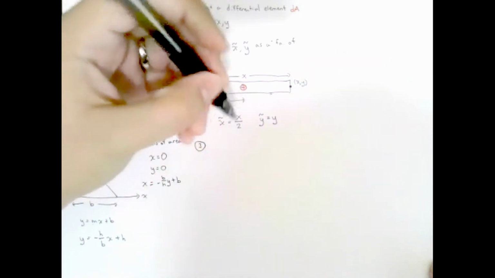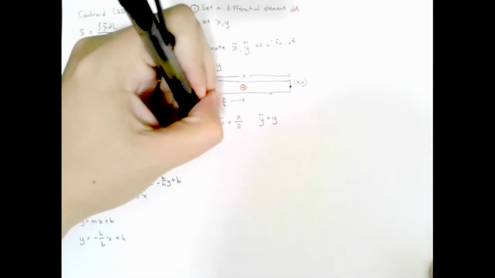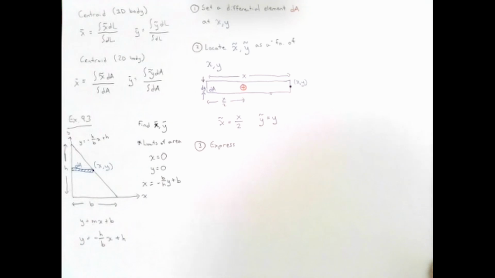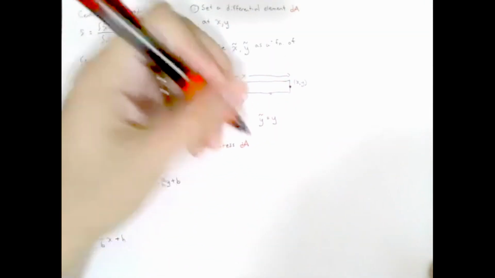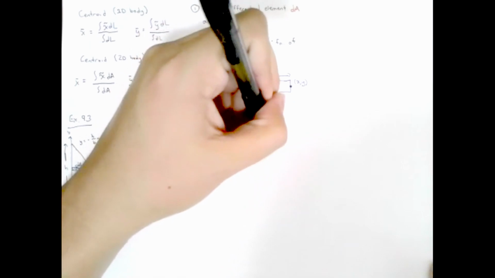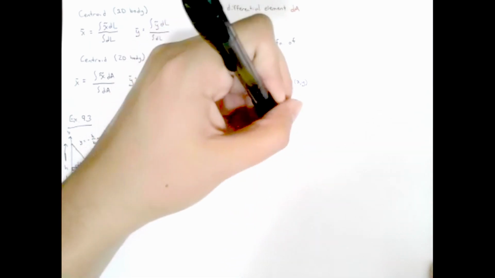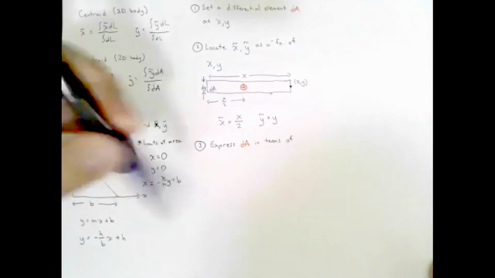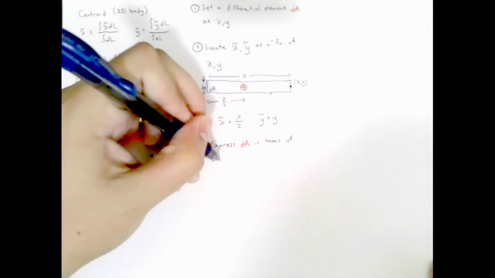Remember, our third step is to express your differential element. Before we used to use dl, but now we're going to use dA. So we want to express our differential element dA in terms of either dx or dy, whatever integral you want to use.